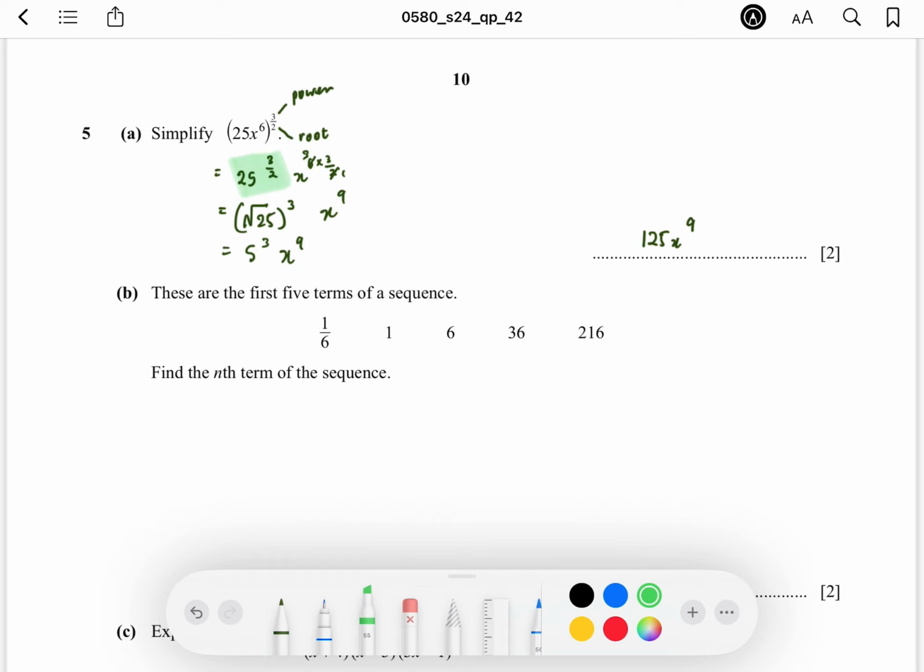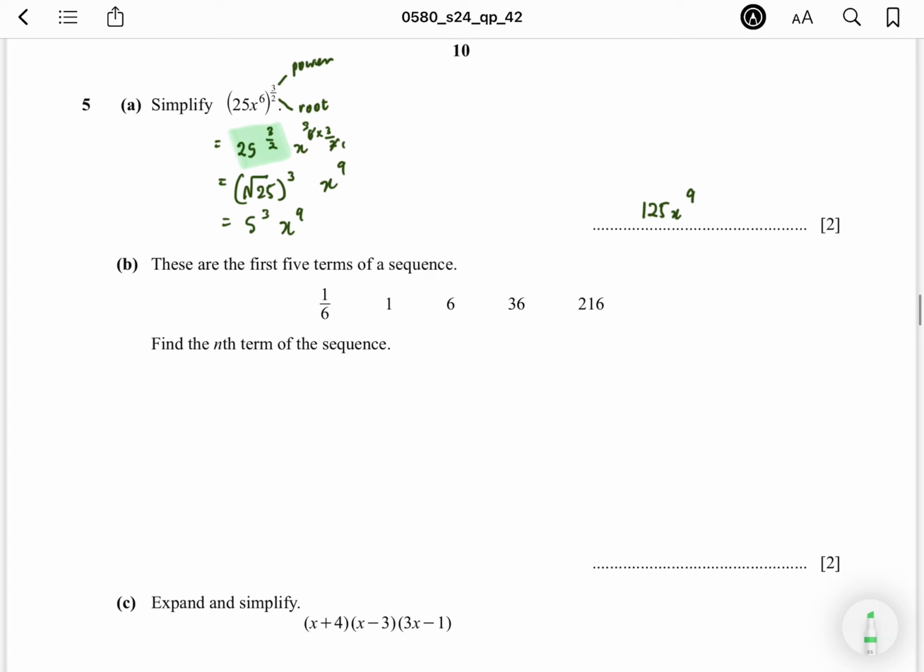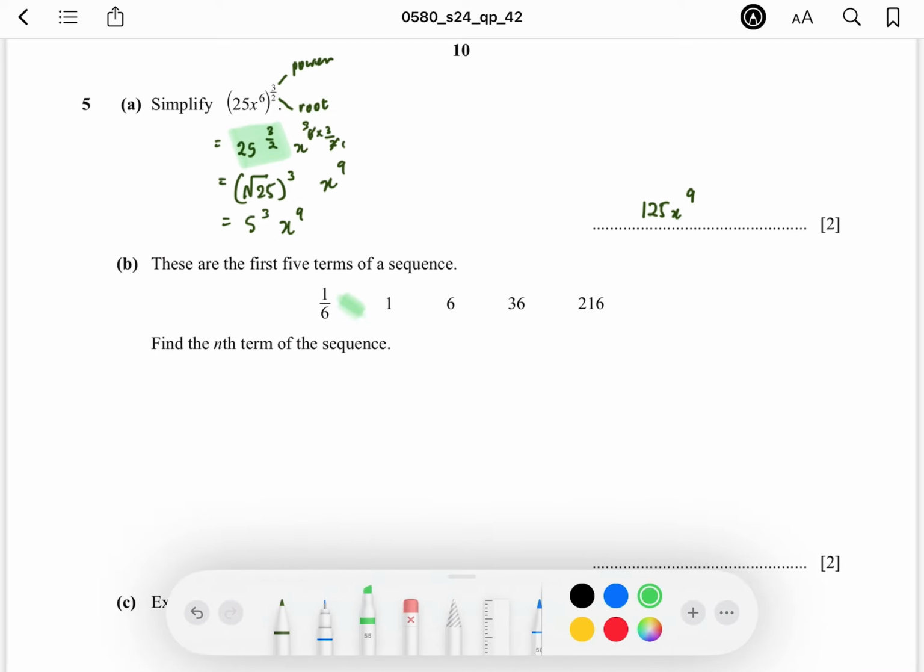Okay, the next one. Let's see if this is in your syllabus or not. How do we get the value? Now, this is times 6 times 6 times 6, right? Kan?